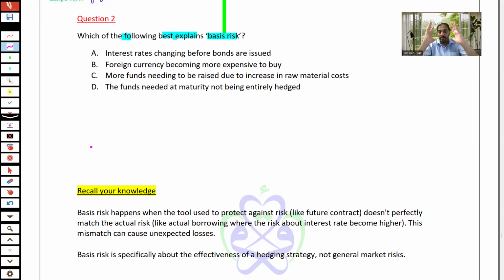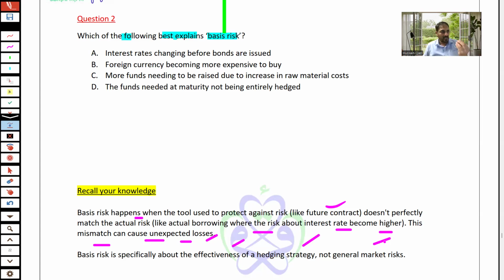Basis risk happens when the tool used to protect the risk, meaning a hedging instrument like a futures contract, does not perfectly match the actual risk, like actual borrowing when interest rates become higher. This mismatch can cause unexpected losses. In simple words, basis risk is about the effectiveness of the hedging strategy, not the market risk.